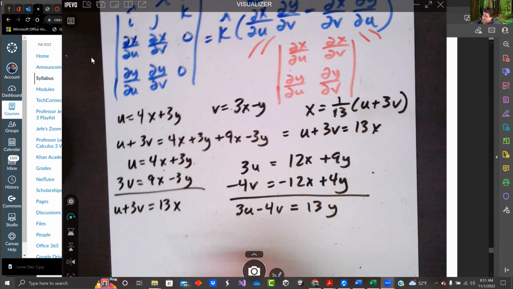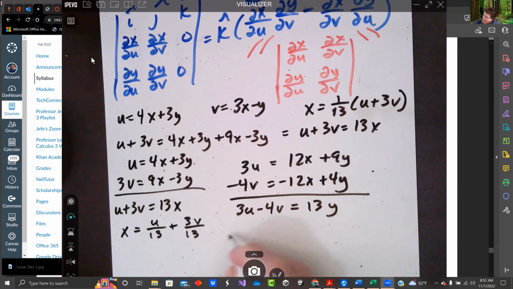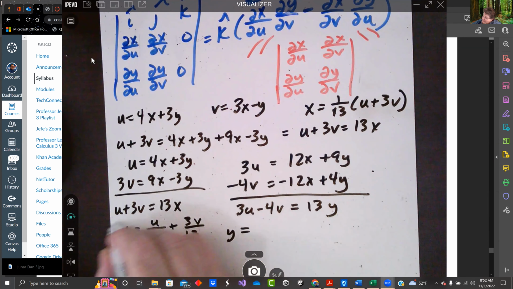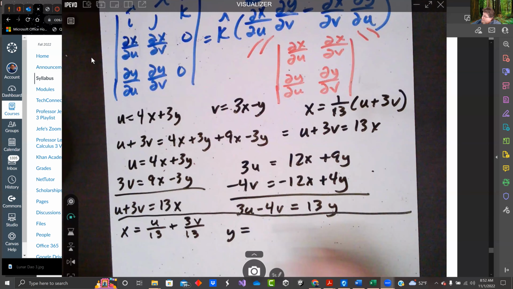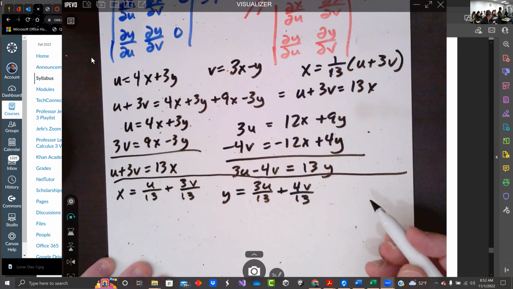So collecting all my results together, x is u over 13 plus 3v over 13. And y is 3u over 13 minus 4v over 13.